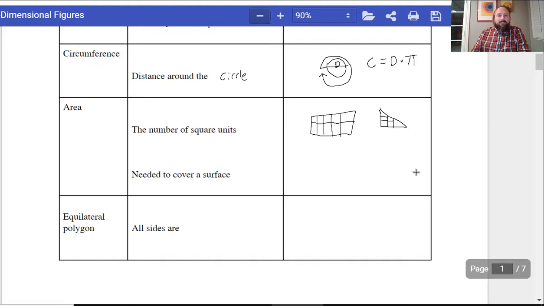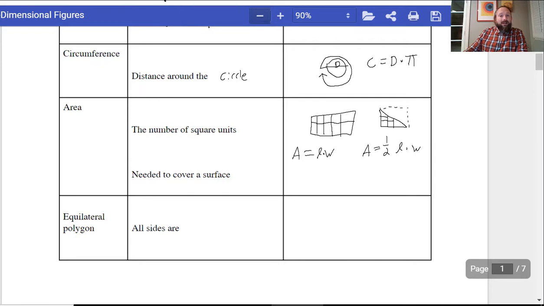Hence, the area is length times width for a rectangle, and the area of a triangle will be 1/2 times length times width, because there's a missing half to this triangle for a quadrilateral right here, or a parallelogram.